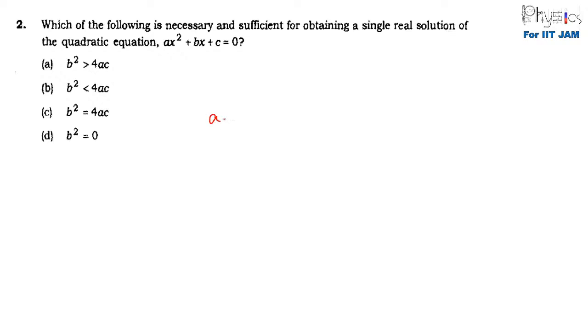So if the equation is ax square plus bx plus c equals 0, then applying Sridhar's rule, we have x equal minus b plus minus root over b square minus 4ac by twice a, right?